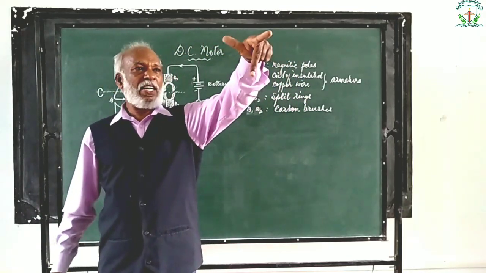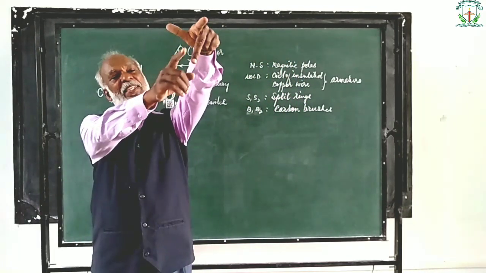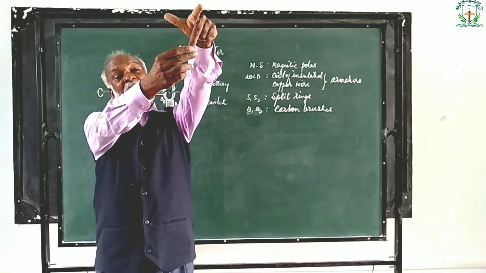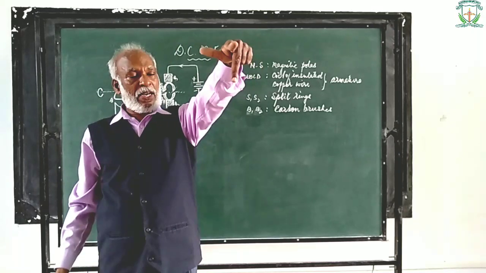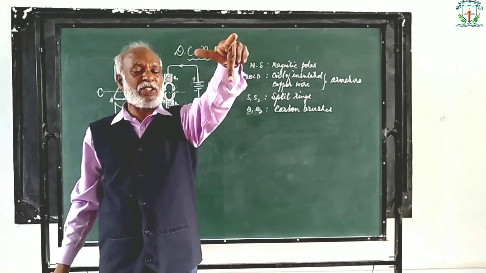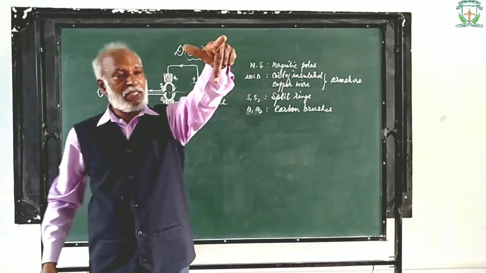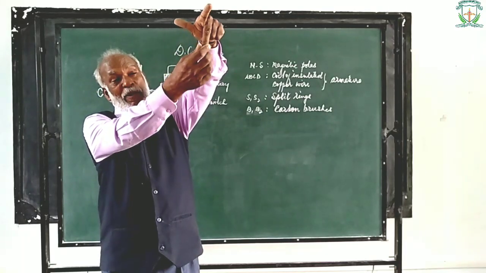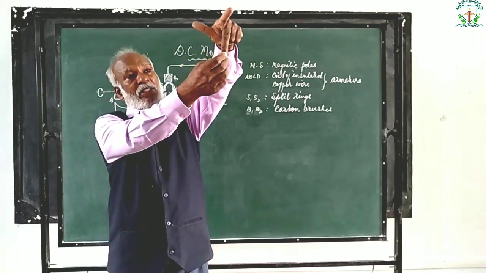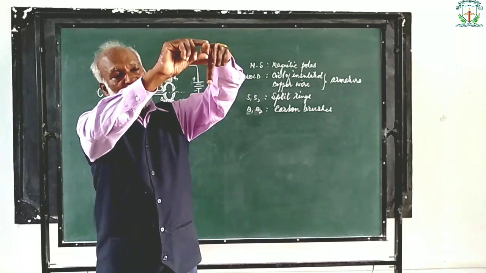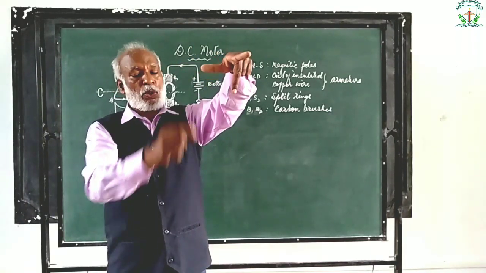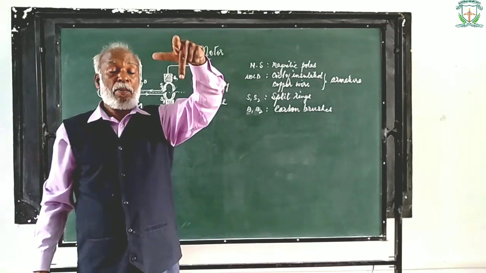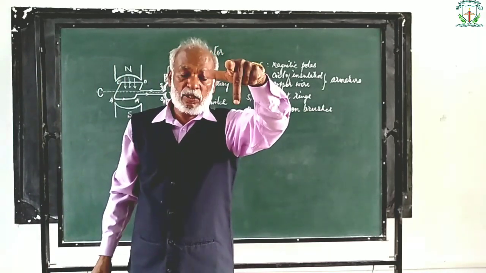If the three fingers, middle finger, forefinger and thumb of the left hand are held mutually perpendicular to each other, such that the middle finger shows the direction of the current in the conductor, and the forefinger shows the direction of the magnetic field, then the thumb shows the direction of the mechanical force acting on the conductor.